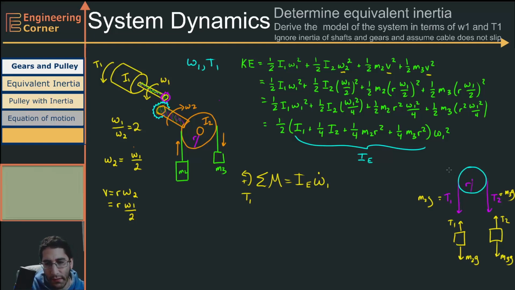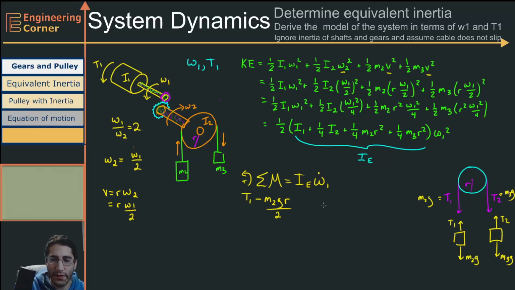Well, we need to adjust it just a little bit. When we adjust it, we have to remember that since we're using a gear, the torque, we need to divide out the gear ratio. So when we look at this, it's going to be minus M2G times R divided by this gear ratio, which is 2.